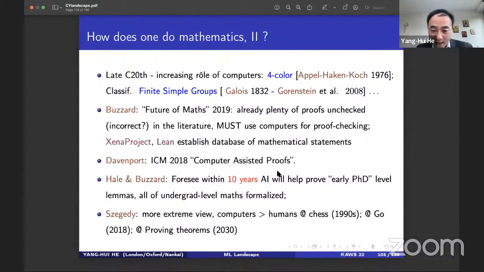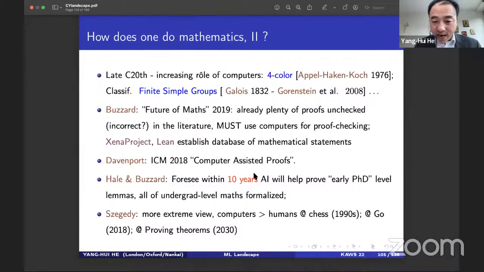So these guys in the ATP program have gotten to the point where they use what's called the Xena project. You can access this online, where they're literally writing down every single logical statement in mathematics and seeing how far it can go. And they're very optimistic.